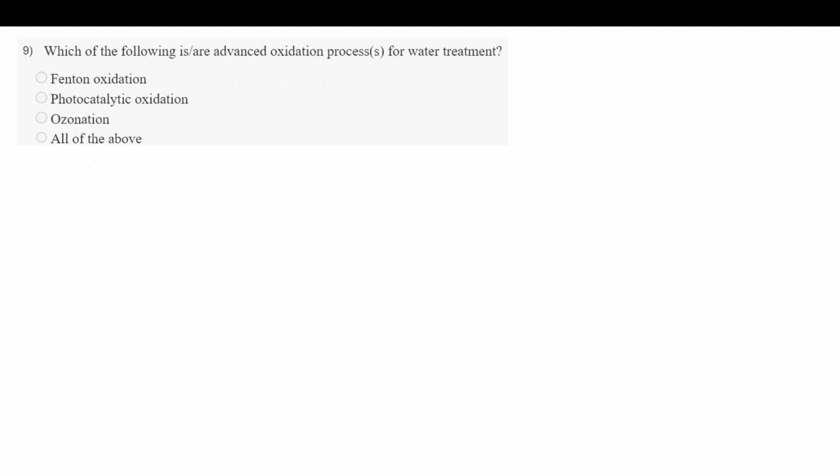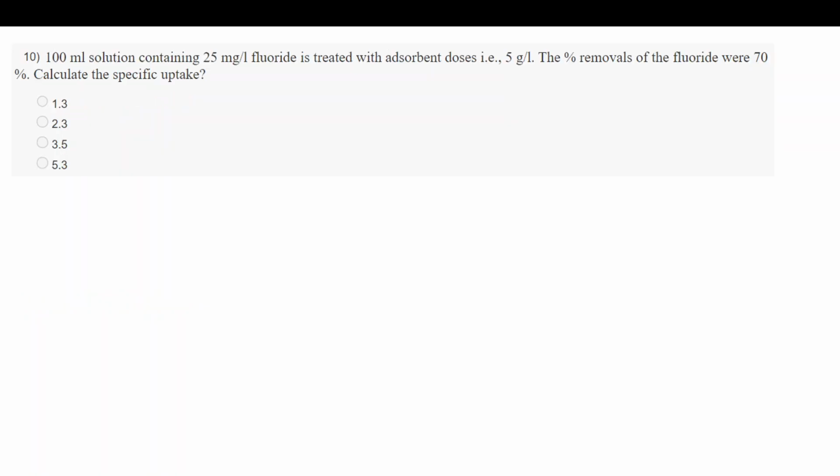All these options are methods used to generate hydroxyl radicals in different forms, using chemicals as catalyst, or ozone, or Fenton reagent, which at the end forms hydroxyl radicals that are used for oxidation. So all of the above is the correct answer.